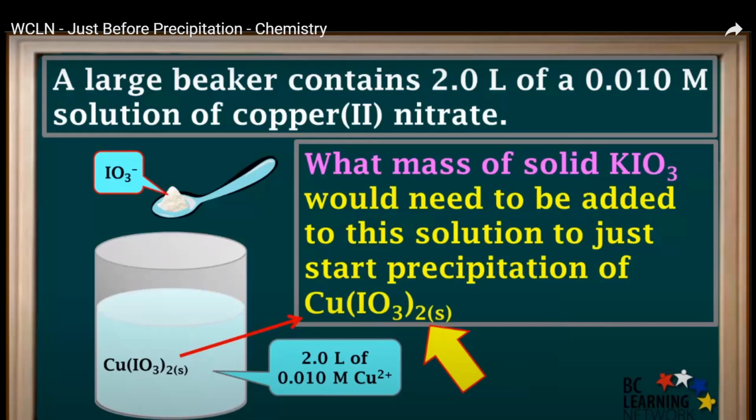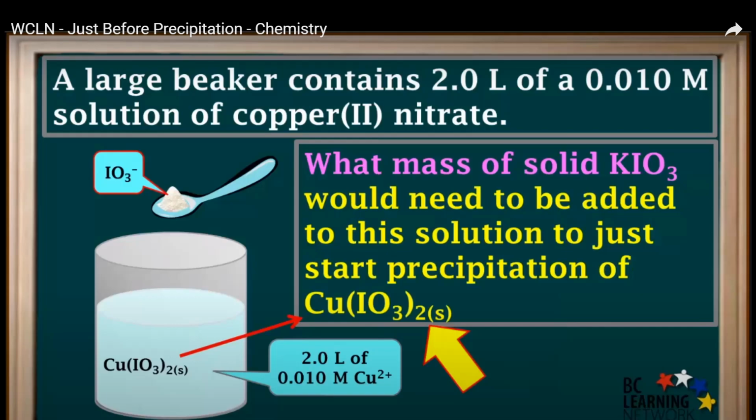Okay, so I would say Colger doesn't use the first step, but he actually does the first step. My first step would be identify who will be precipitating, and that would be our CuIO3. That would be step one. Who is the precipitate? Yes?